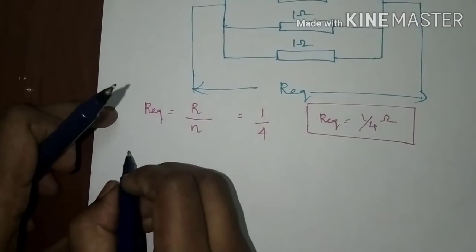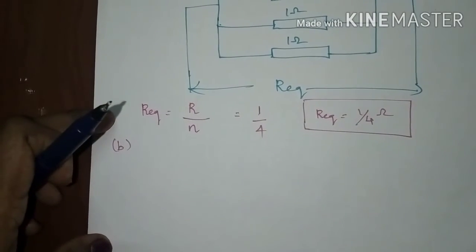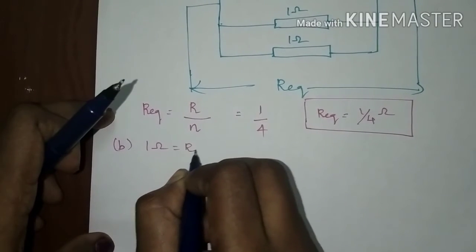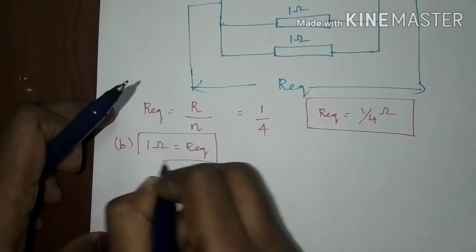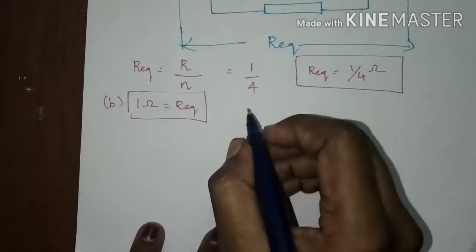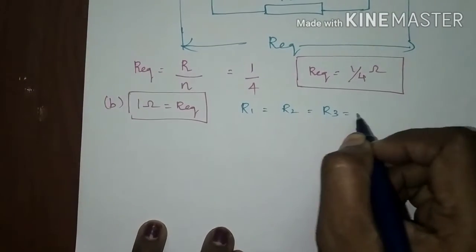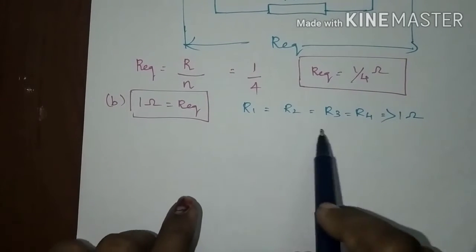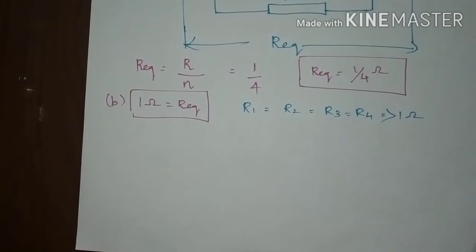Now we can see the second case, B. Here the resistors are 1 ohm each. We need the R equivalent value as 1 ohm. They have given each resistor value as 1 ohm. Think that if 4 resistors are connected in series, we will get 4 ohms. Right? In series connection, if we sum up, we will get 4 ohms.